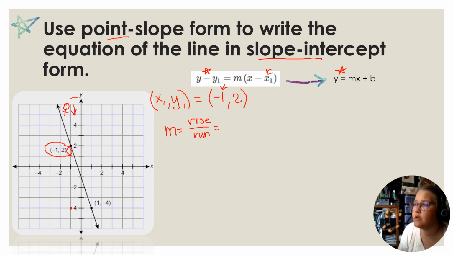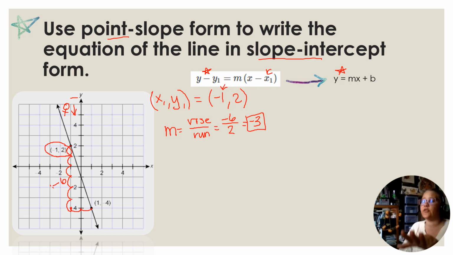I have 1, 2, 3, 4, 5, 6. -6 for our rise. Now our run, how do we get over to that 1, -4? We run to the right, 1, 2, that would be a +2, which would mean that our slope is -6/2. But that's totally reducible. 6 divided by 2 is 3. Negative divided by a positive is a negative. So our slope here is -3.